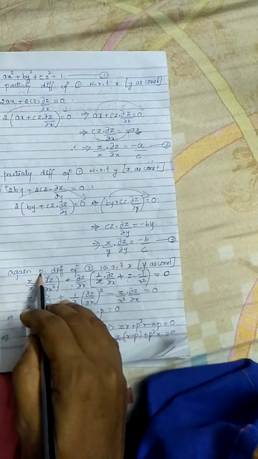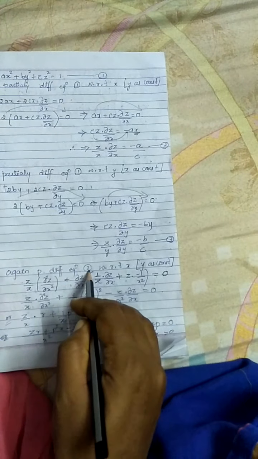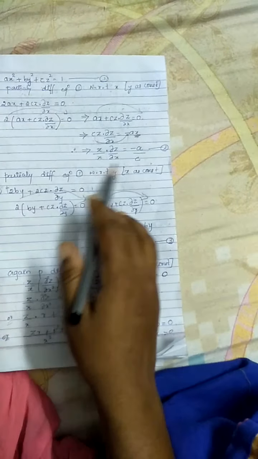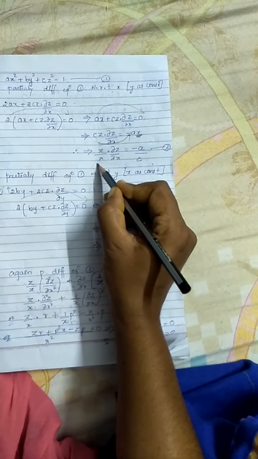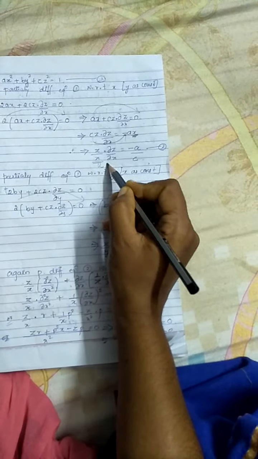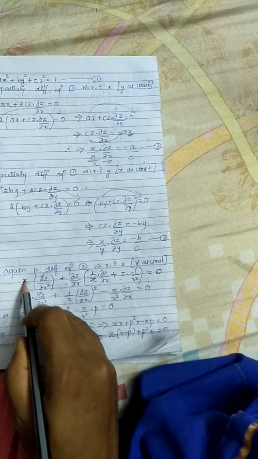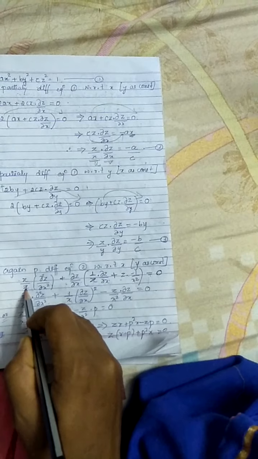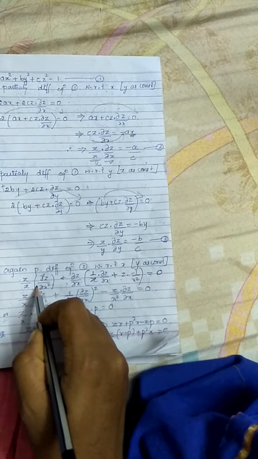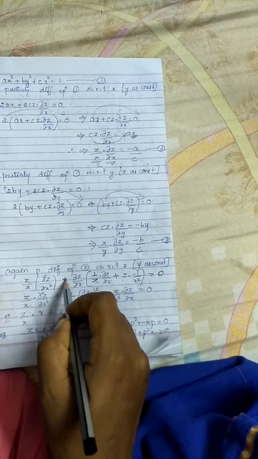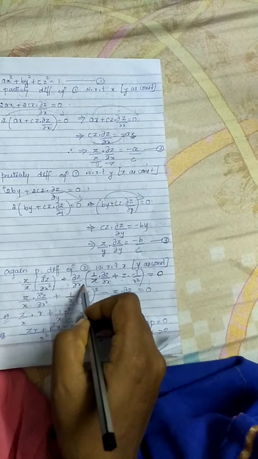Again, now partially differentiate equation 2 with respect to x, considering y as the constant. Here I will consider this one as u and this one as v. Apply the uv rule. So z/x as it is, times the differentiation of ∂z/∂x, which is ∂²z/∂x², plus I will keep ∂z/∂x as it is.